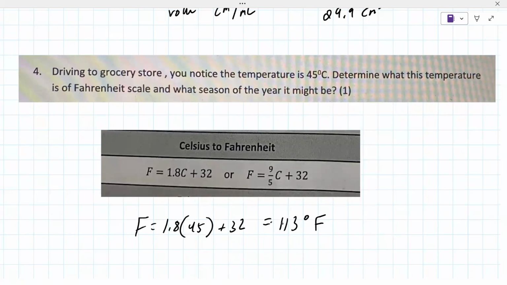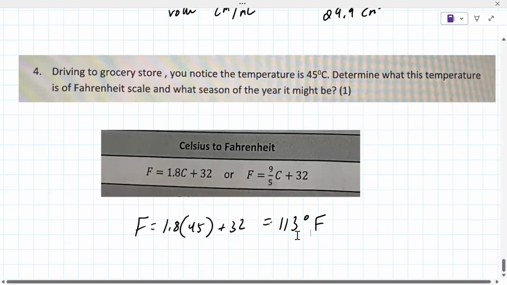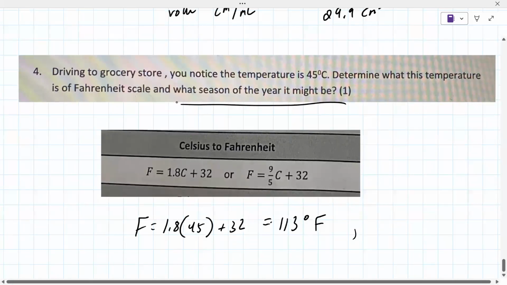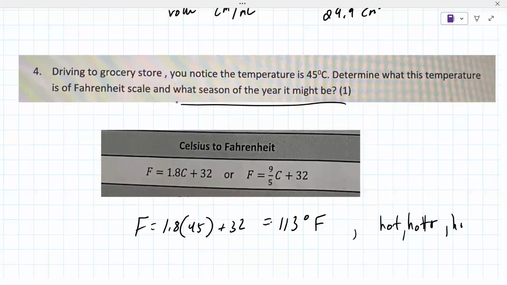For other people around the country, they might think that's really hot. For us, that's just July. That's normal. What season of the year might it be? Summer. Hot, hotter, hottest.